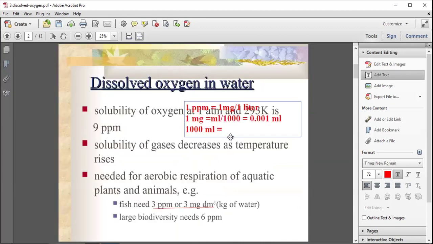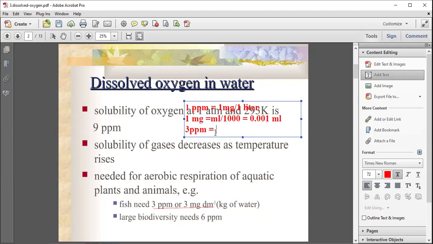Right, 1 milligram is equal to 0.001 milliliter. So 3 ppm, we will see 3 ppm. 3 ppm is equal to 3 milligram per liter.